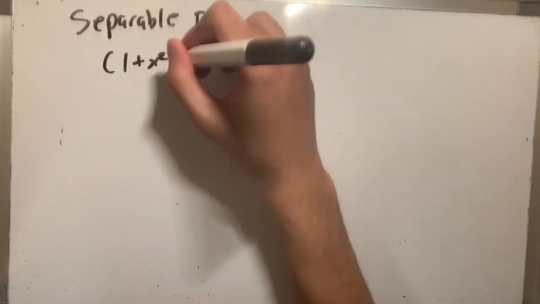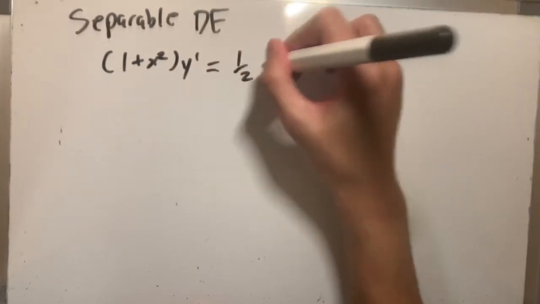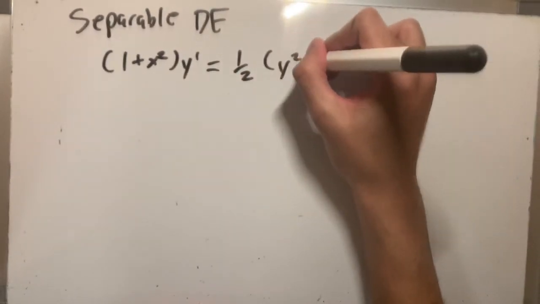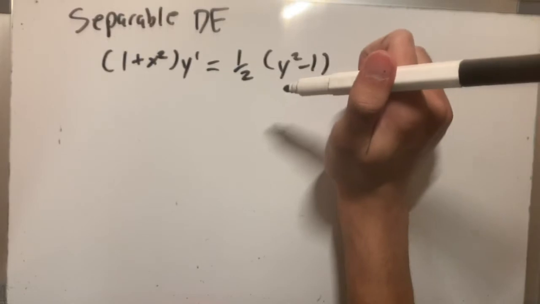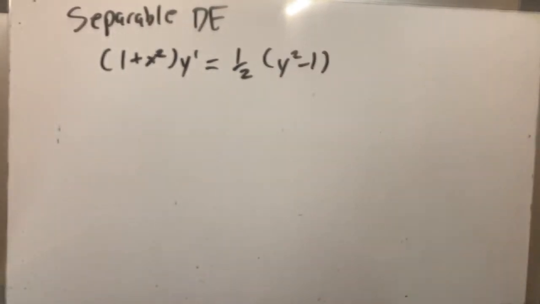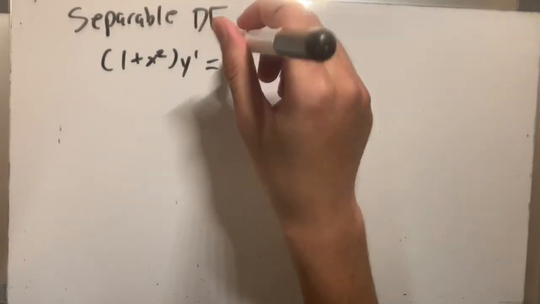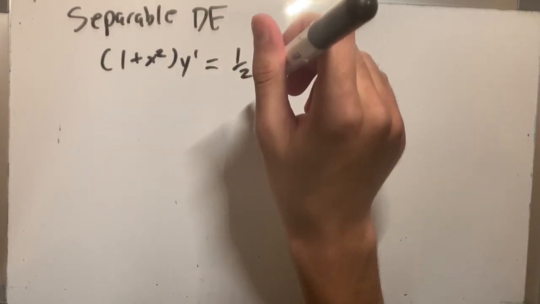(1 plus x squared) y' is equal to half of (y squared minus 1). So we have this equation. What we want to do is find y, because this is a differential equation. So what we can do in this scenario is separate and solve.